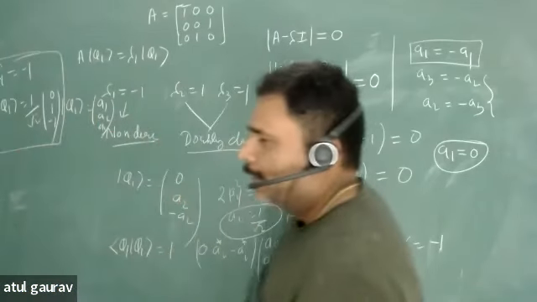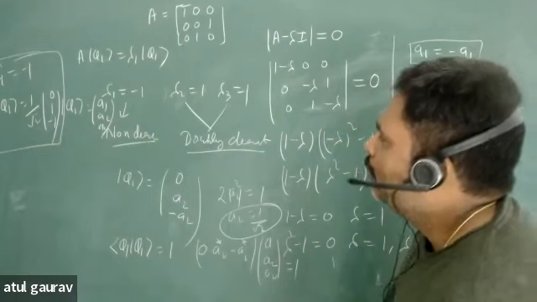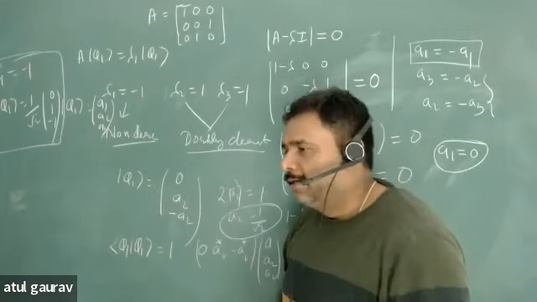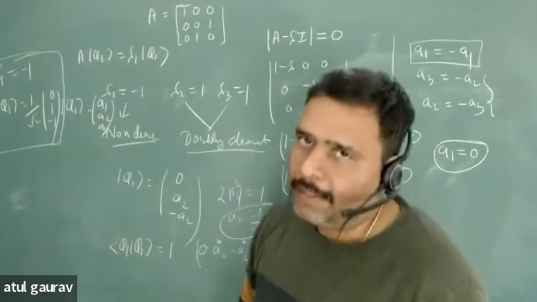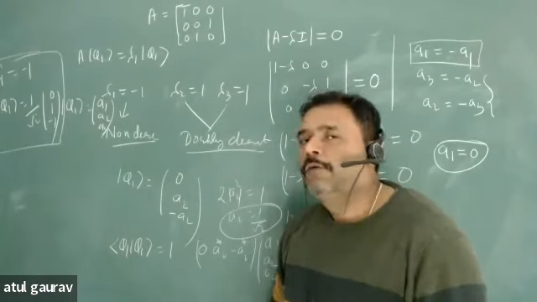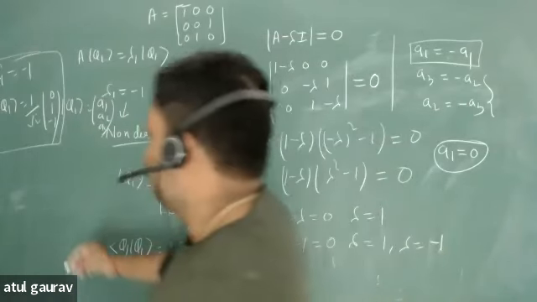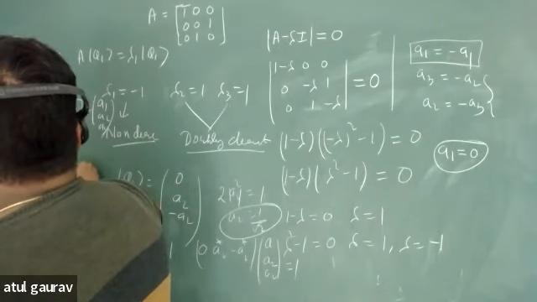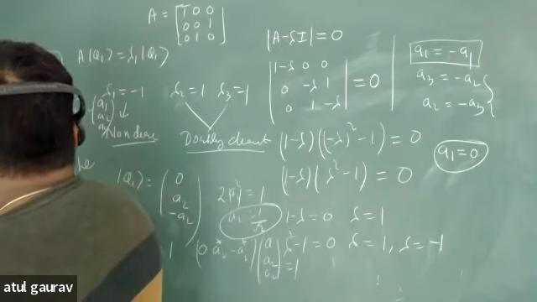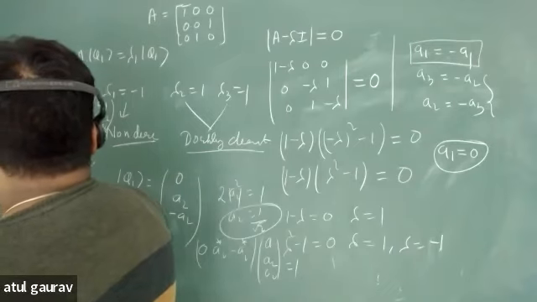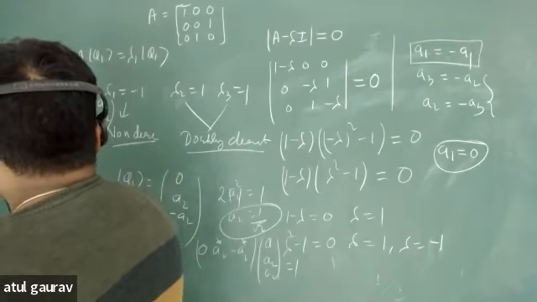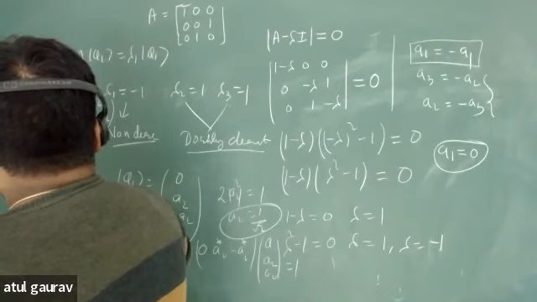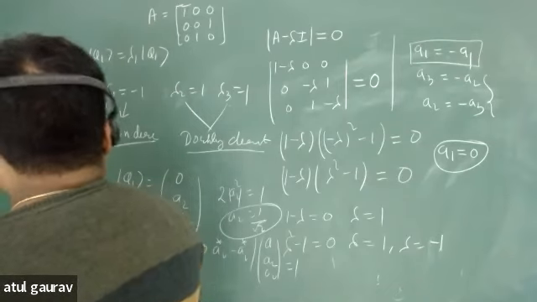Now, the real challenge will come to find the eigenvectors for lambda 2 and lambda 3. So I am just giving you homework. Find the eigenvectors for lambda 2 is equal to lambda 3 is equal to 1.